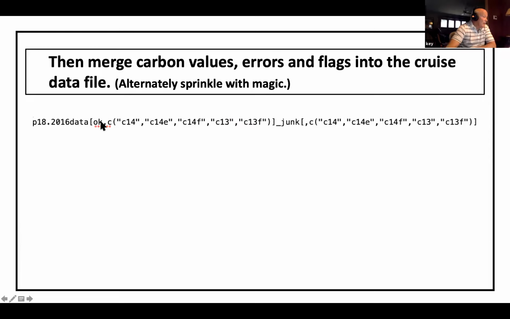And this is where that OK that I generated earlier, the array of matchup of one file to the other, comes in. With a simple single statement like this, I can take all 1,000 or however many C14 and C13 flags, errors, and values and paste them back into the cruise file that's got everything else going for it.